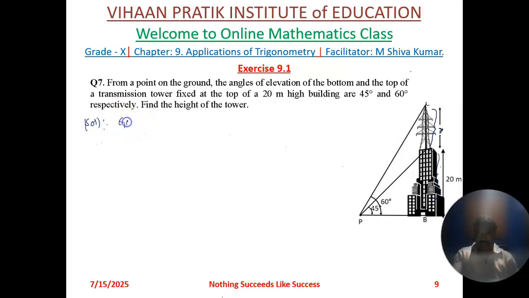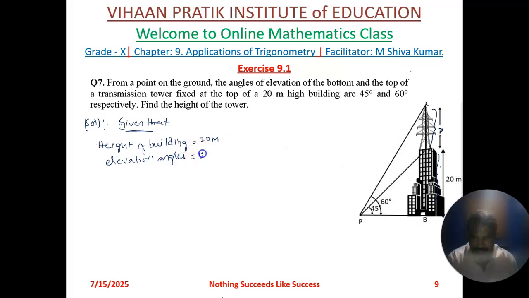Given that the height of the building is 20 meters. Only that is given. And the angles of elevation are 45 degrees and 60 degrees.